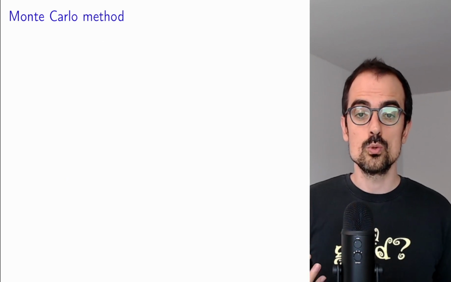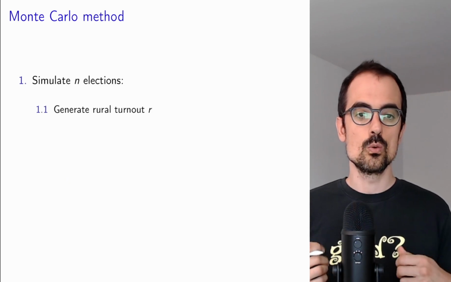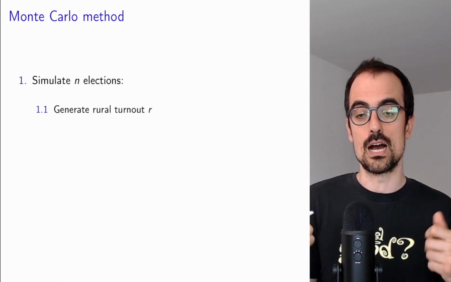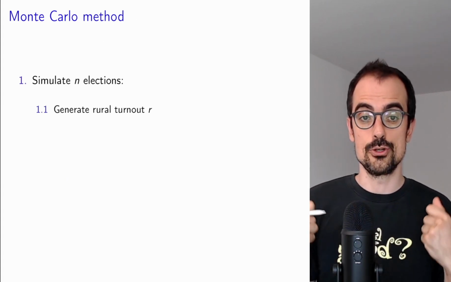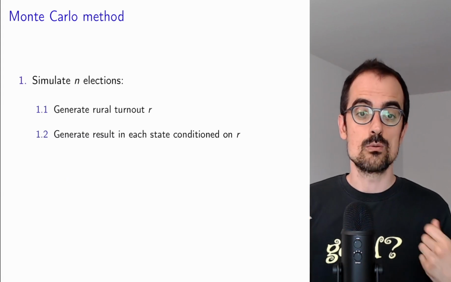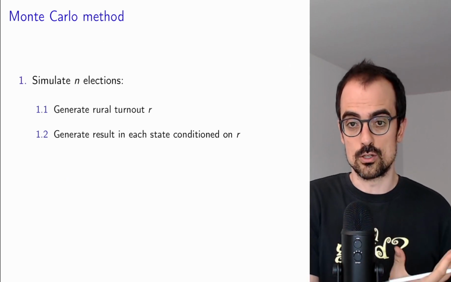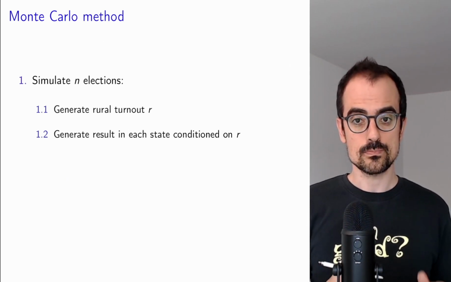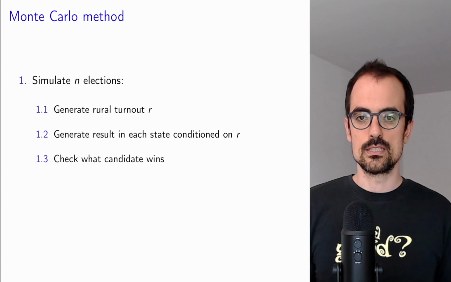So what we're going to do is simulate n elections. We're going to generate the rule turnout R according to our probabilistic assumption, which is that it's uniform between 0 and 1. Then we're going to generate the result in each state conditioned on R, following the conditional PMF that we saw before. And then we're going to check what candidate wins.